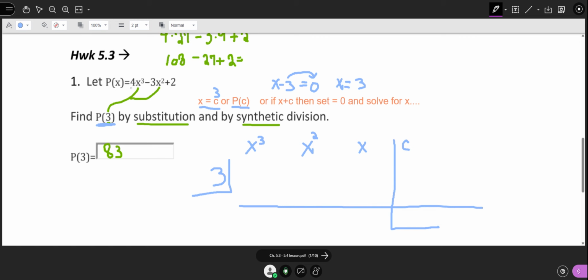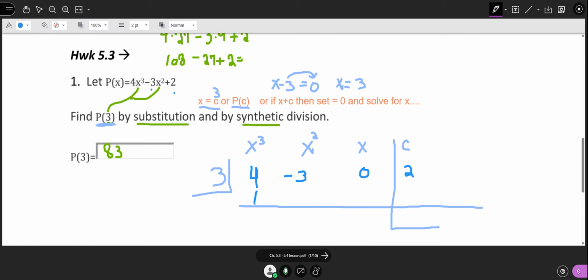Now, our coefficient of x cubed is 4. Of x squared is negative 3. X, I don't have an x, so that's a 0. And then our constant is positive 2.